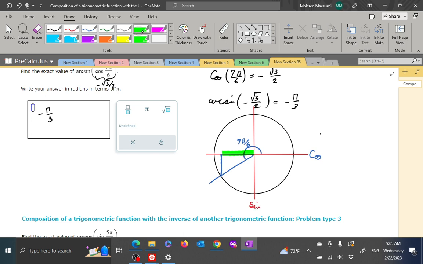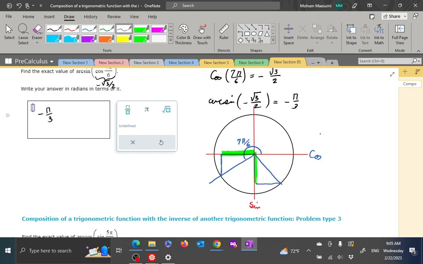We put the green on this axis. Then to find the angle, we go toward the right, and connect this point to the origin.